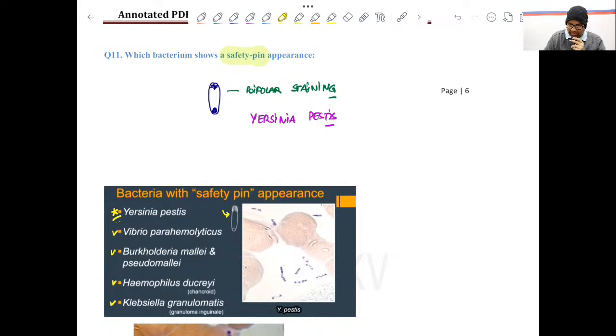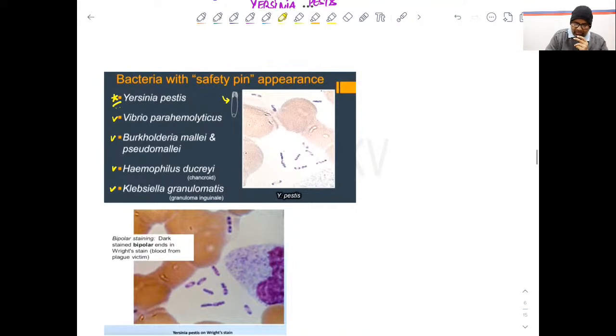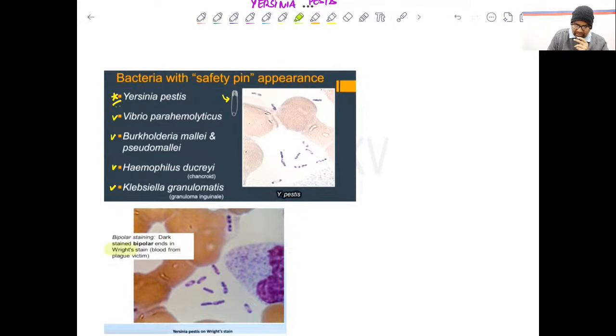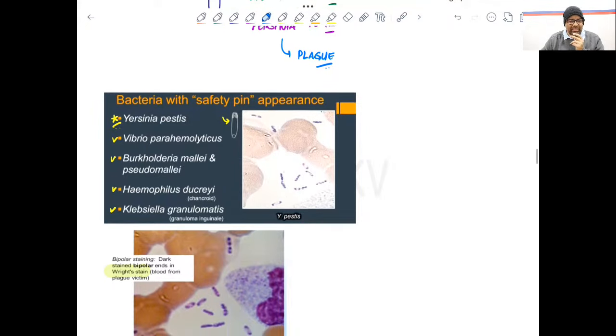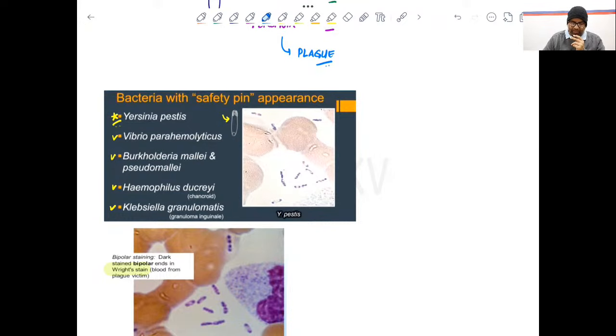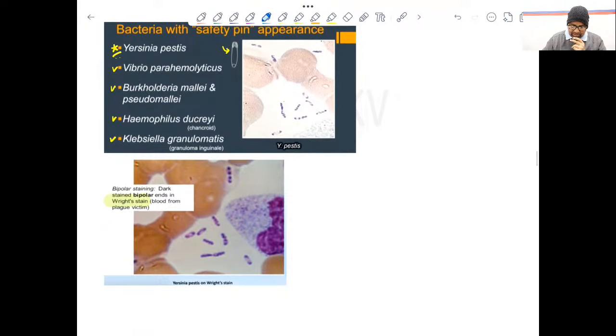So please remember this bipolar staining of Yersinia pestis, which is especially seen on Wright stain. And I think, yes, most of you must be knowing that Yersinia pestis causes plague. Clear? So this is bipolar staining or safety pin appearance on staining.